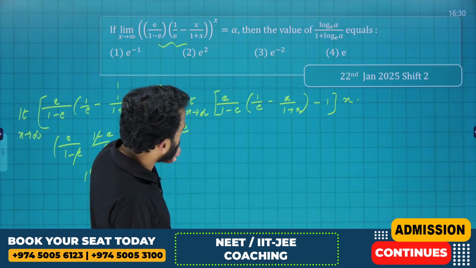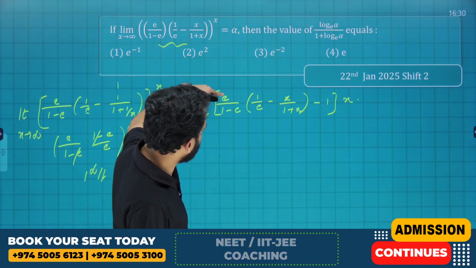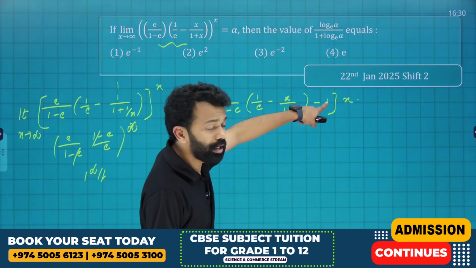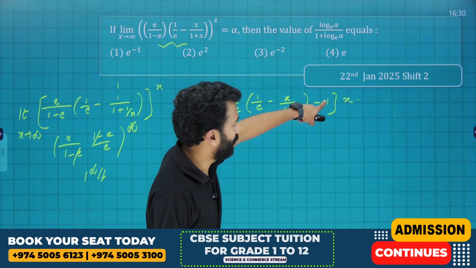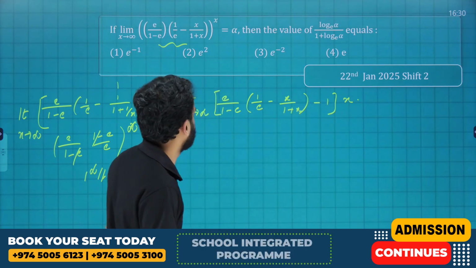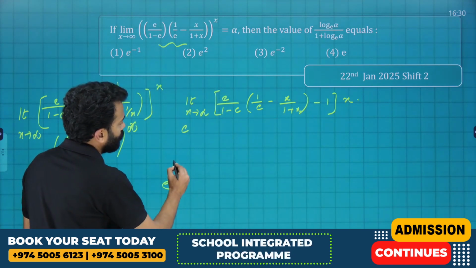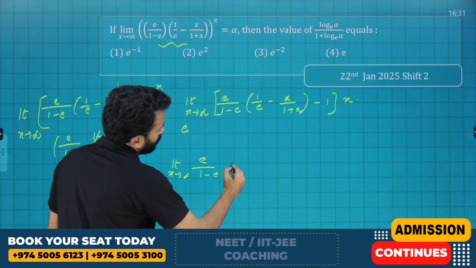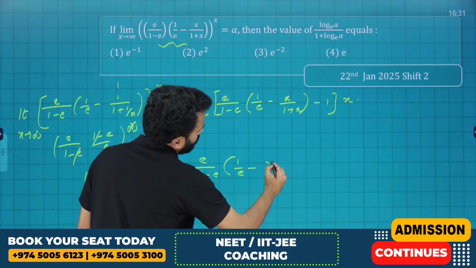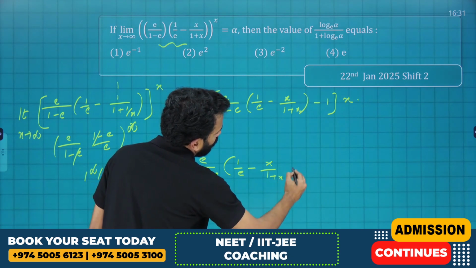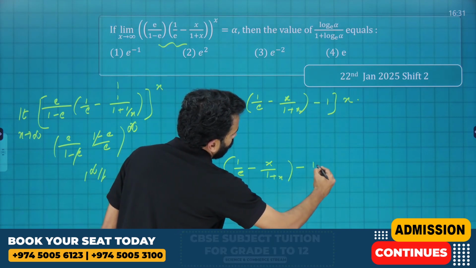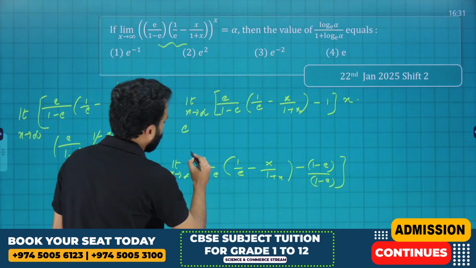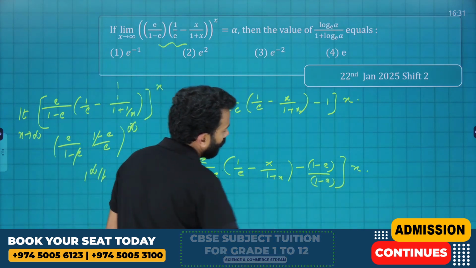Let's try. What we can do here is, 1 minus e is common for this one. Let's write, instead of 1, we can write (1-e)/(1-e). Therefore, it will be e raised to limit x tends to infinity, (e/(1-e))·(1/e - x/(1+x)) minus (1-e)/(1-e), into x.